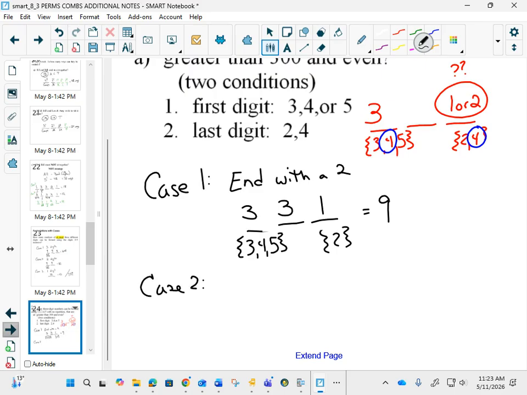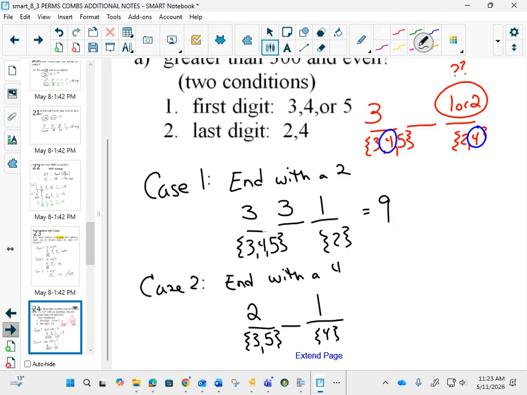What didn't we count? We didn't count all the numbers that ended with a 4. So I do my 3 spaces, and now I'm saying this is a 4. 1 choice there. But now my first restriction leaves me only with a 3 or a 5. 2 choices there.